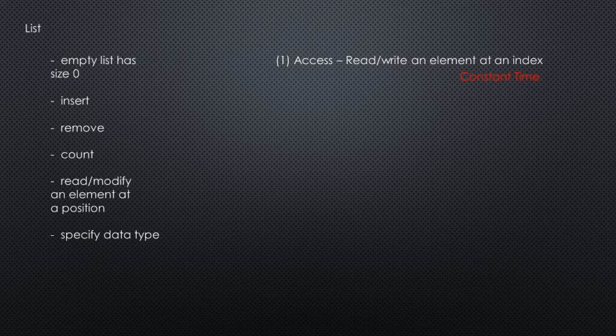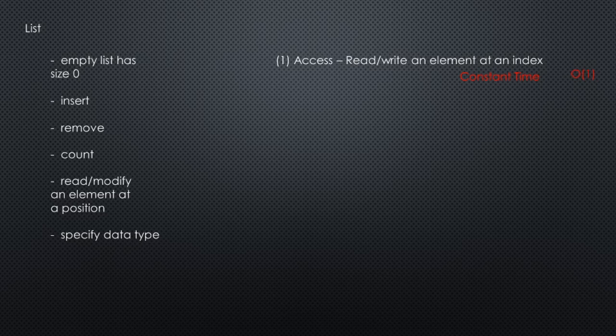Using the starting address or base address of the block of memory and the index or the position of the element, we can calculate the address of that particular element and access it in constant time. Big O notation that is used to describe the time complexity of operations for constant time is written as big O of 1.